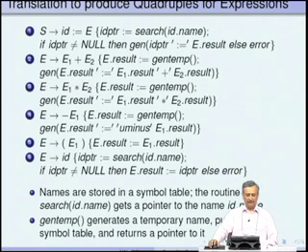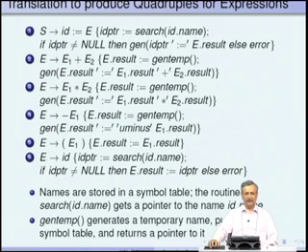If it is an assignment ID equal to E, the action indicates that we search the symbol table, get the pointer for that particular name from the symbol table, and if the name is already present in the symbol table, then the pointer is not null. Then we generate just the simple assignment statement in the intermediate code, ID PTR equal to E dot result.